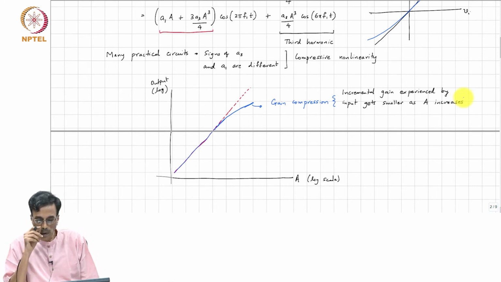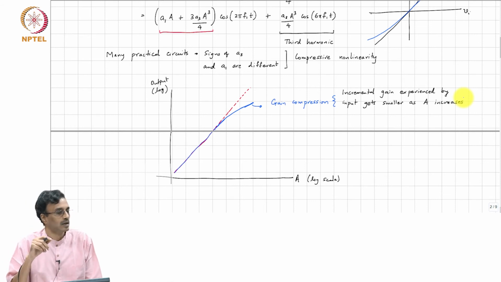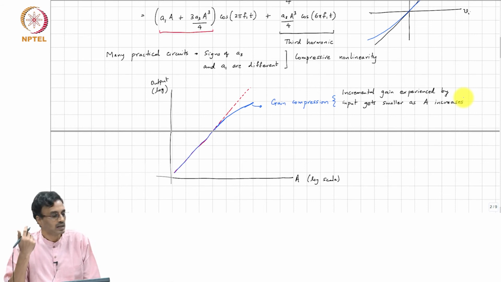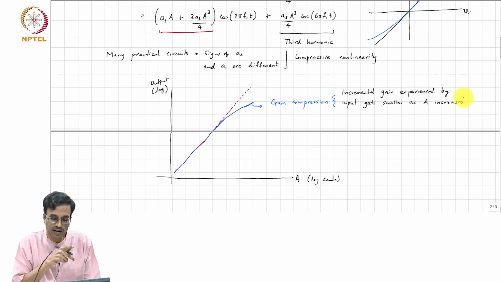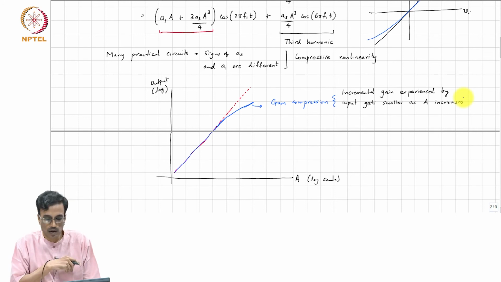This is because of compression non-linearity only, correct. A1 and A3 are of the opposite sign. If A3 had the same sign, then you would have an expansive output, correct.